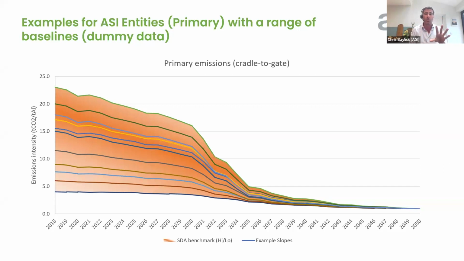But the approach is essentially the same, intensity convergence on the global average. What we can expect to see is that as the sectoral slopes change, because, for instance, action isn't taken early enough by entities, the slopes could well get steeper. Let's leave that for now, but that is a distinct possibility.